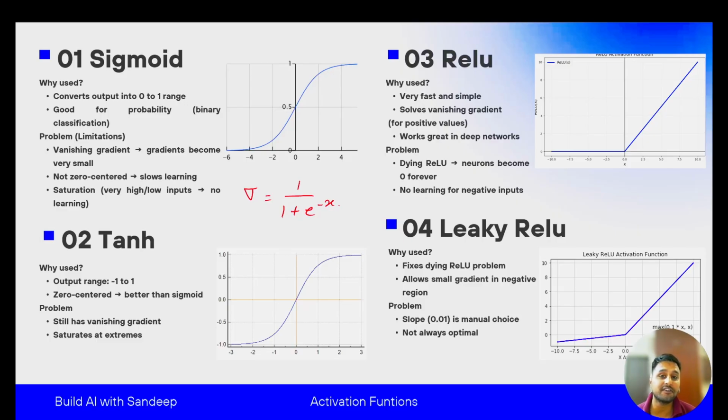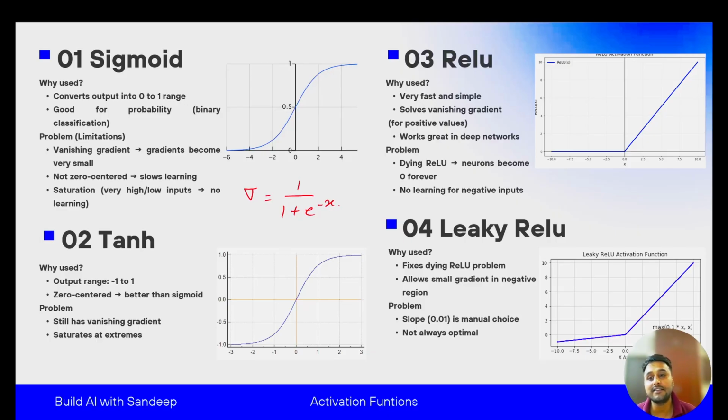The sigmoid activation function is really good for probability, and we mostly use it in binary classification problems, when the target only has two values, two labels. But there are some limitations of the sigmoid activation function.